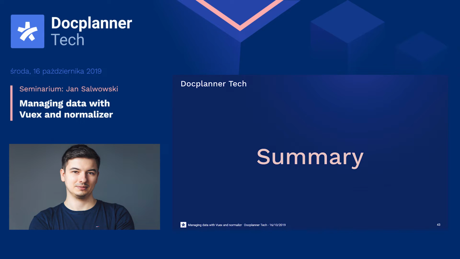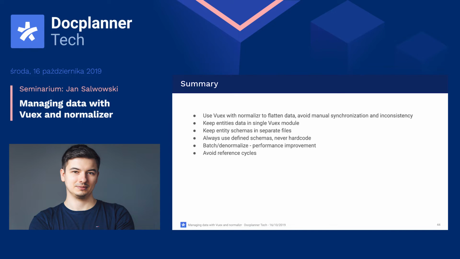So, let's summarize. Vuex and Normalizer, you can use it to flatten data, to avoid some synchronization and inconsistency issues. Always keep your entities, which are normalized, in a single Vuex module.